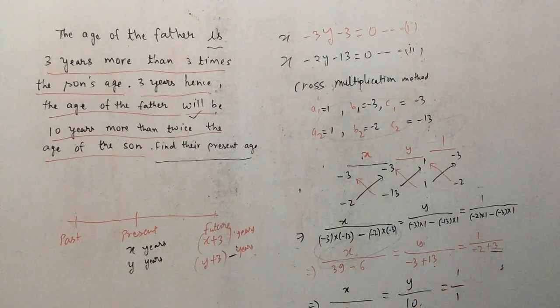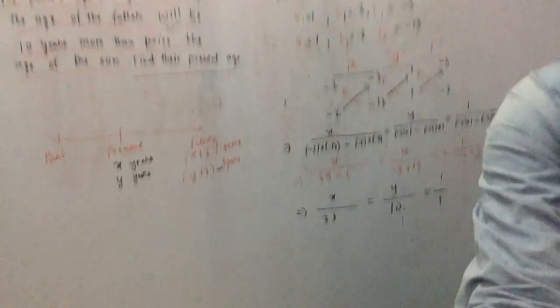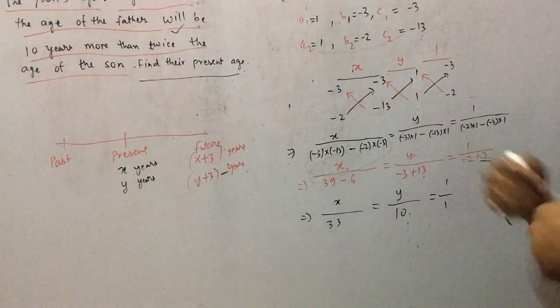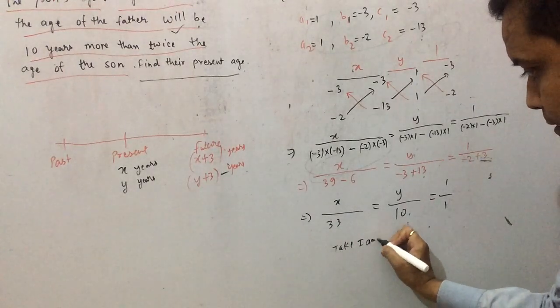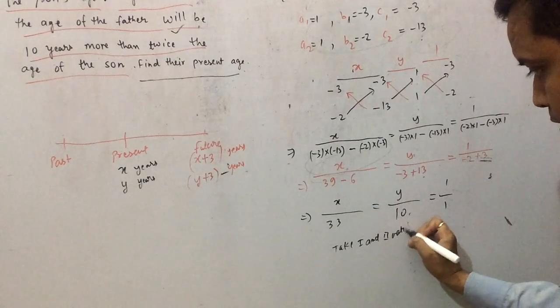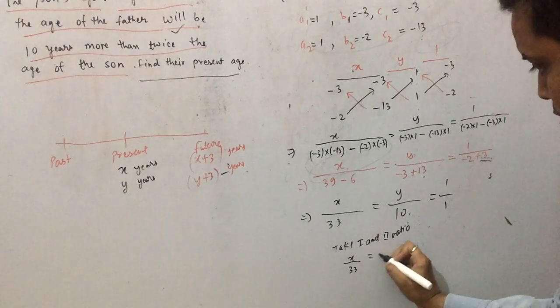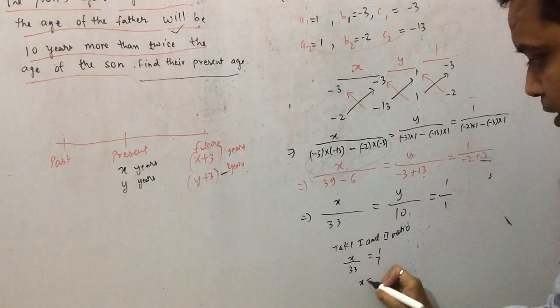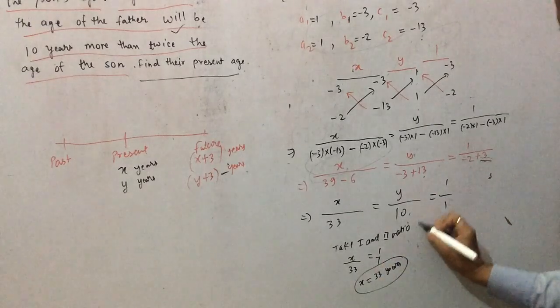Take this as first ratio, second ratio and third ratio. Take the first and third ratio. When you take the first and third ratio, it would be x upon 33 equal to 1 upon 1, then x would be 33 years, and it is actually the age of his father.